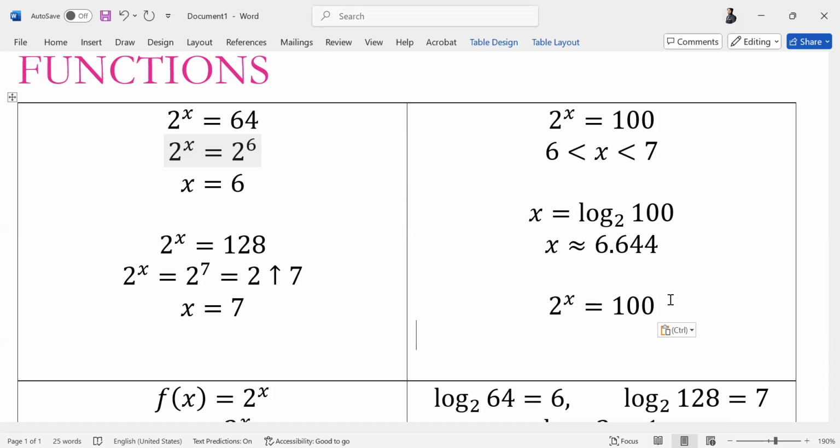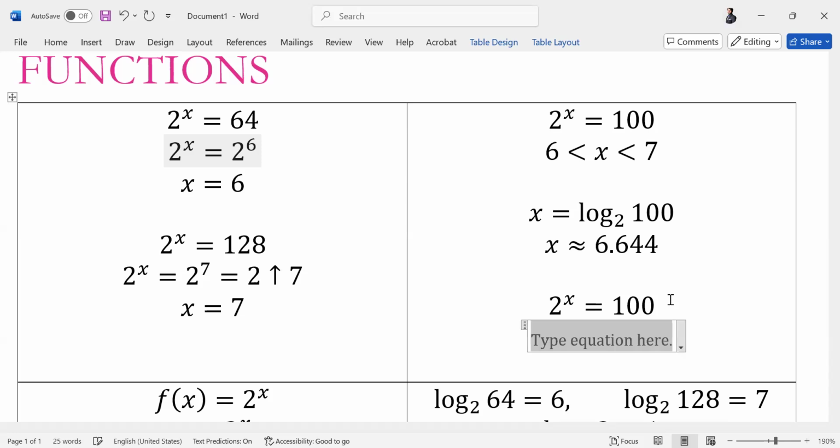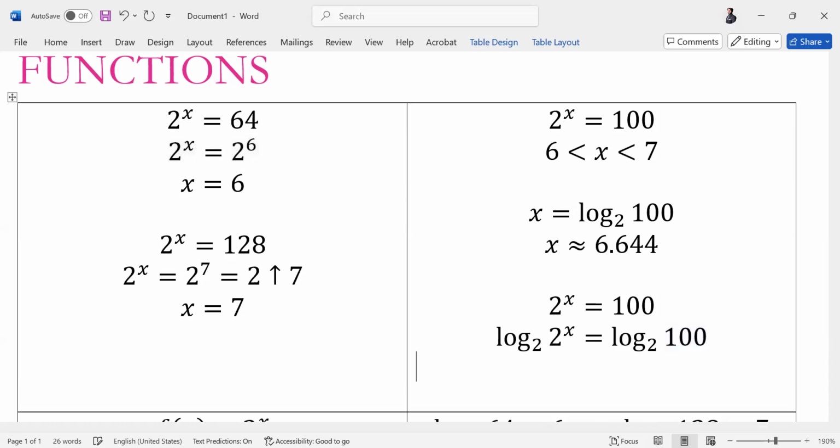Can I apply the function of log on both sides? With what base? Again, any base is possible, but in this question, what is the base that we are dealing with? 2. So it's very smart of us to use a log with a base 2. Let's see. दोनों साइड पे इस तरह log लगाते हैं. पहले, is this clear or not? Make sense?